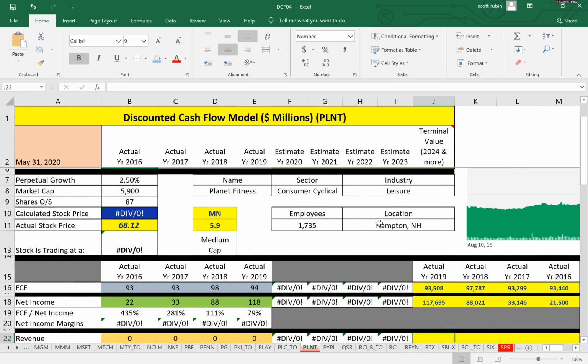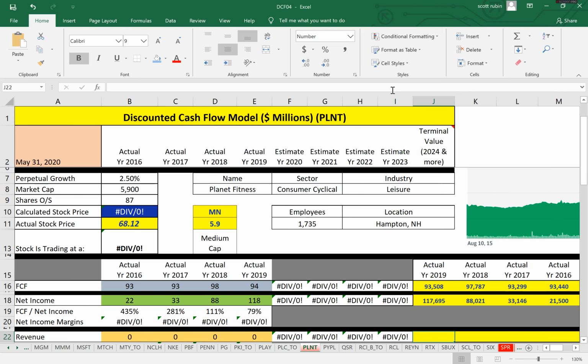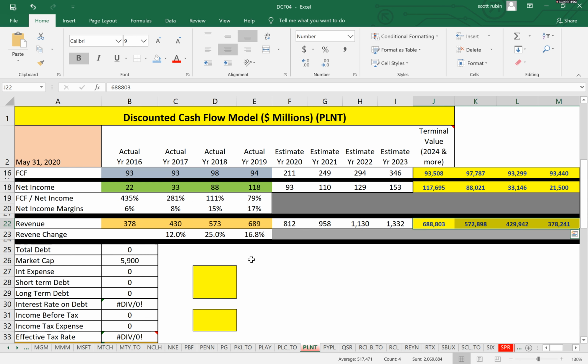And then we need revenue, which is also on the income statement. So it looks like they have steady cash flow, but increasing net income and revenue. So all positive signs so far.